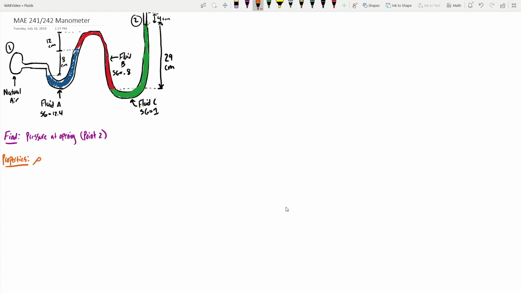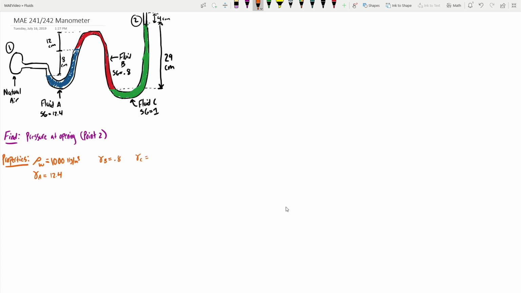So let's say we were given the density of water. I didn't write that, but let's say we were given this. We also know the specific gravities. The specific gravity of A is 12.4. And the specific gravity of B is 0.8.